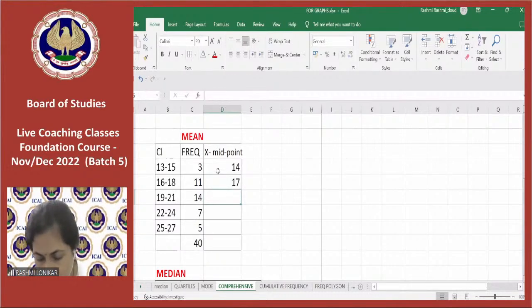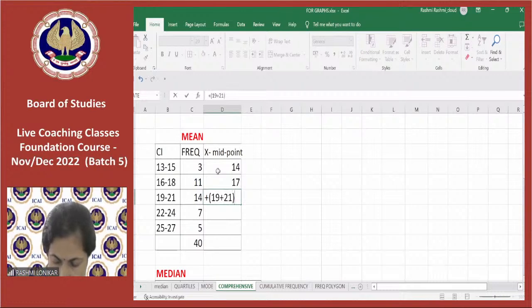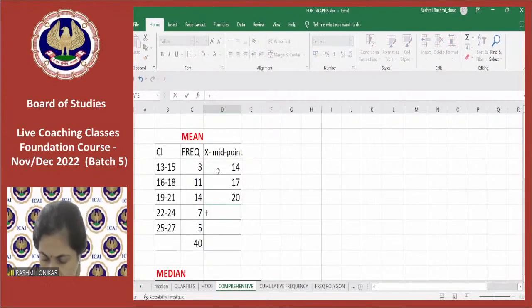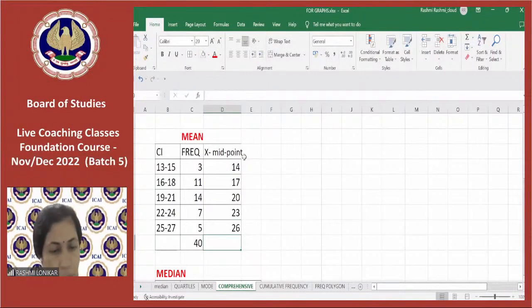Then you have 19 plus 21 upon 2. Then 22 plus 24 upon 2. Then 25 plus 27 upon 2. Okay. These are the midpoints I have found out.